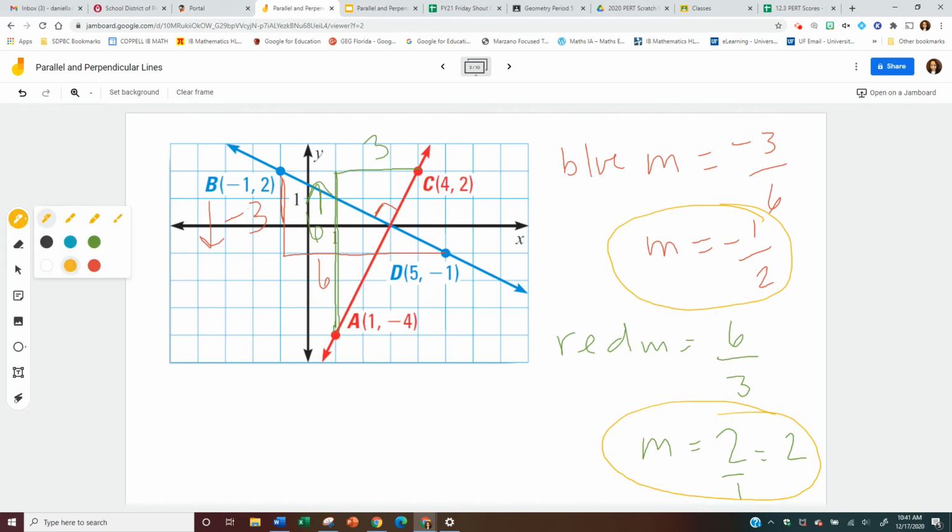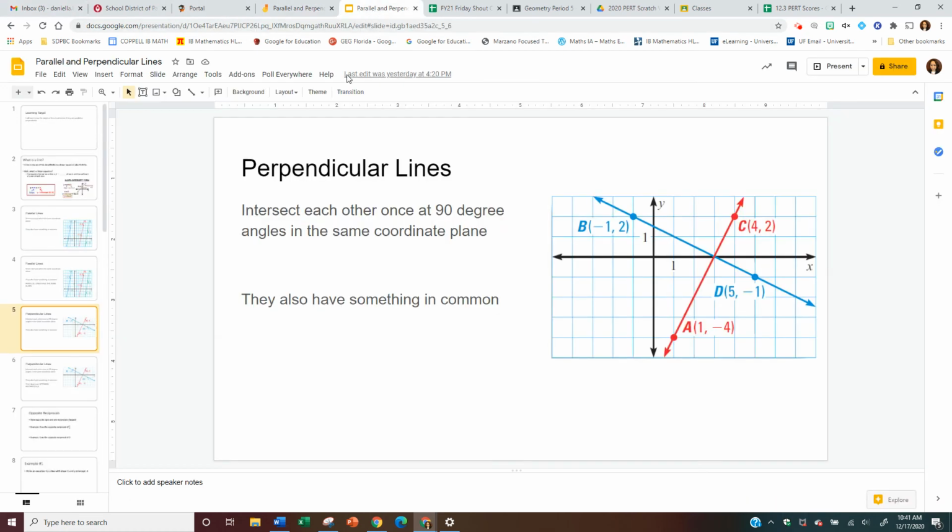For example, the 3 is on top in one and the 3 is in the bottom in the other. The 3 was negative here, but the 3 is positive in the bottom. The 6 was in the denominator, and then the 6 moves to the top. This has a technical term: perpendicular slopes are opposite reciprocals of each other.